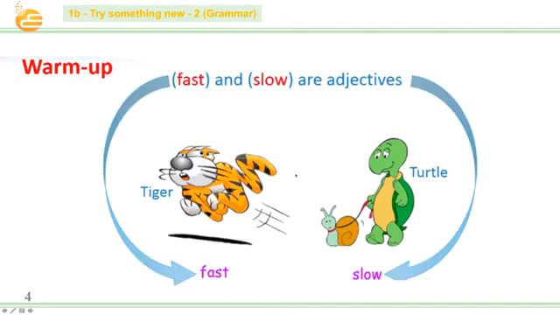Of course, the tiger is fast. The turtle is slow. So, fast and slow are adjectives. Adjective means describe the noun.